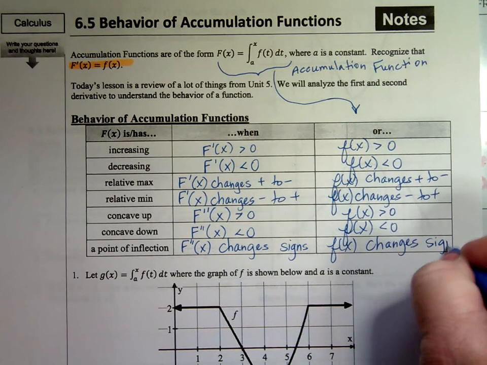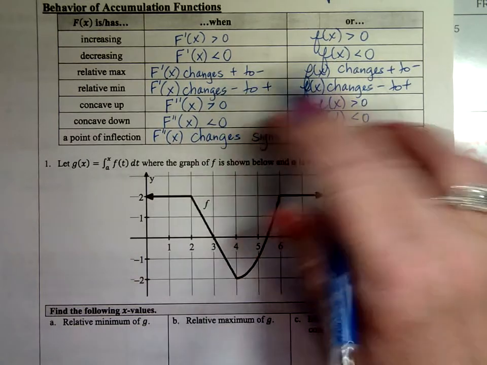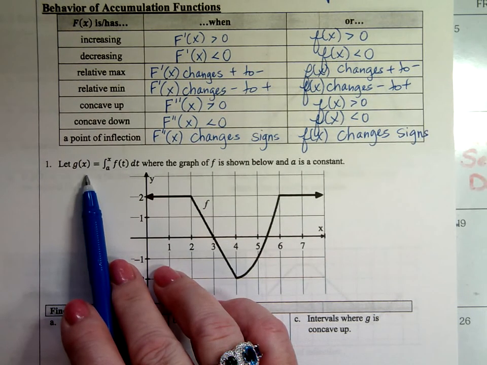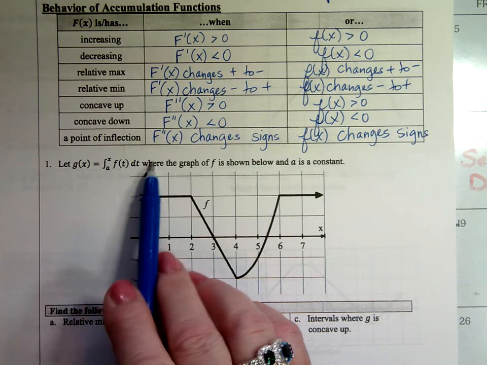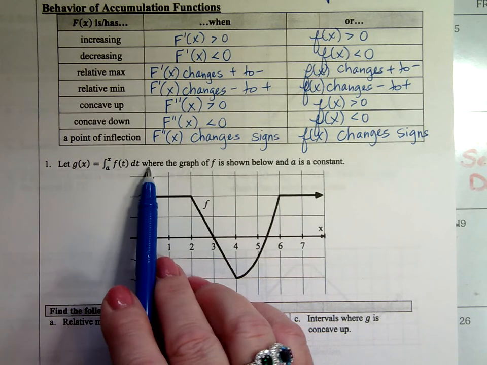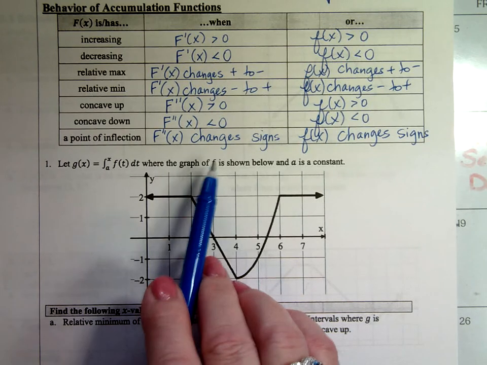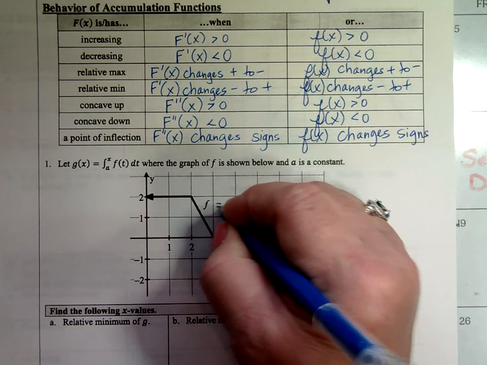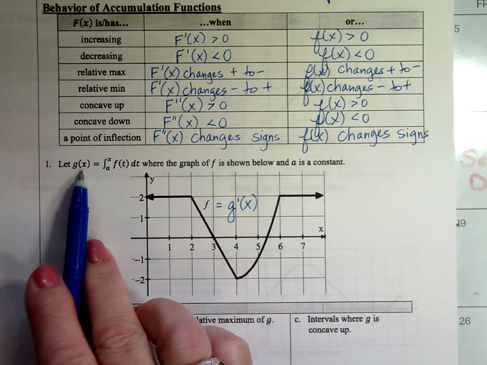All right, so here we go. Here's why you need to kind of have this extra stuff here. Let g of x be the integral from a to x of f of t dt, where the graph of the function f is shown. Now you need to know what the heck you're looking at. If it's f, then f represents g prime of x, right?